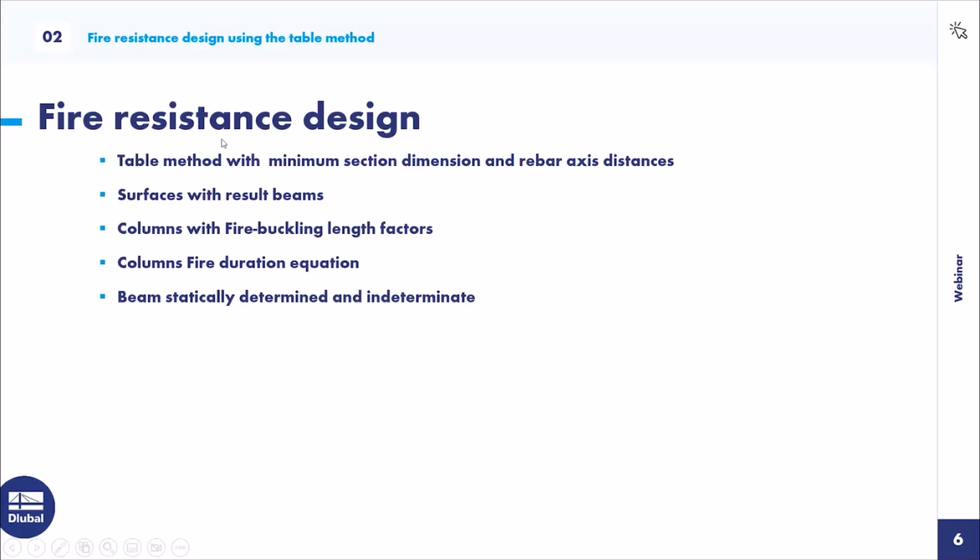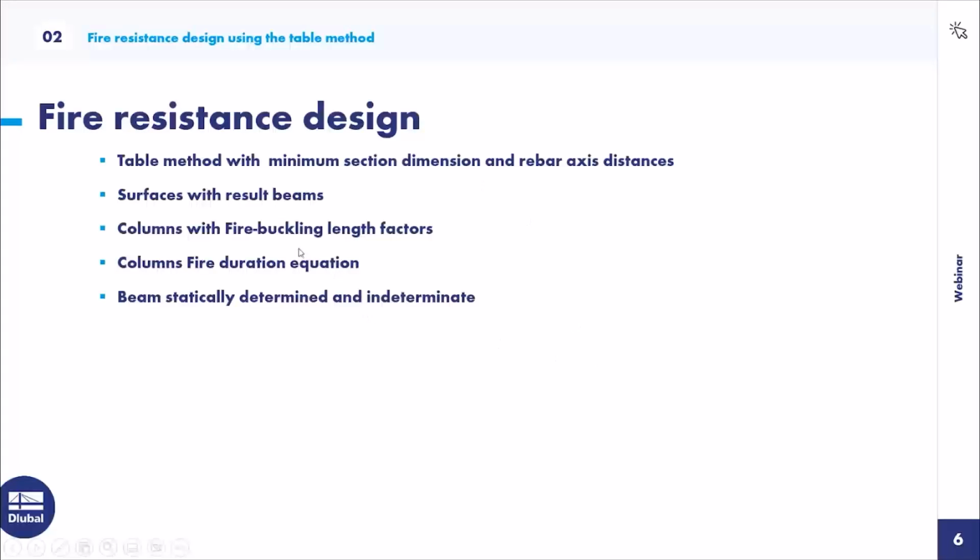What we can do with the fire resistance design: at the time we have a table method with minimum section dimensions and rebar axis distances, and RFEM proves if these two parameters fit for the design check. Then I will show you the building model, the surface with result beams, with the shear wall.